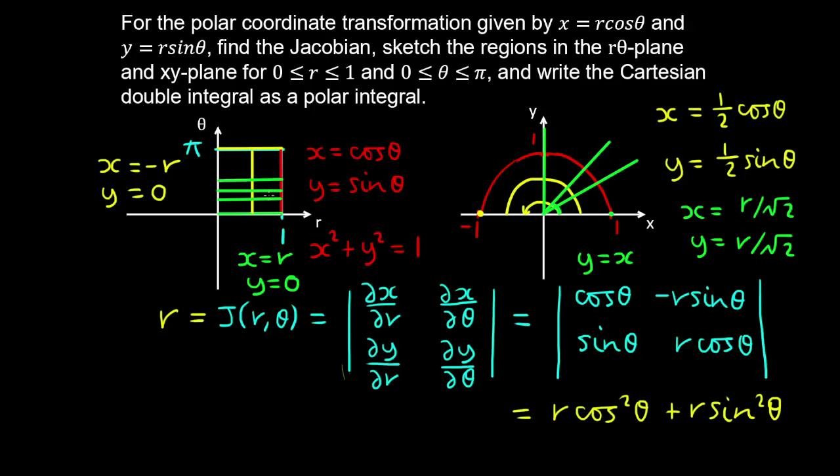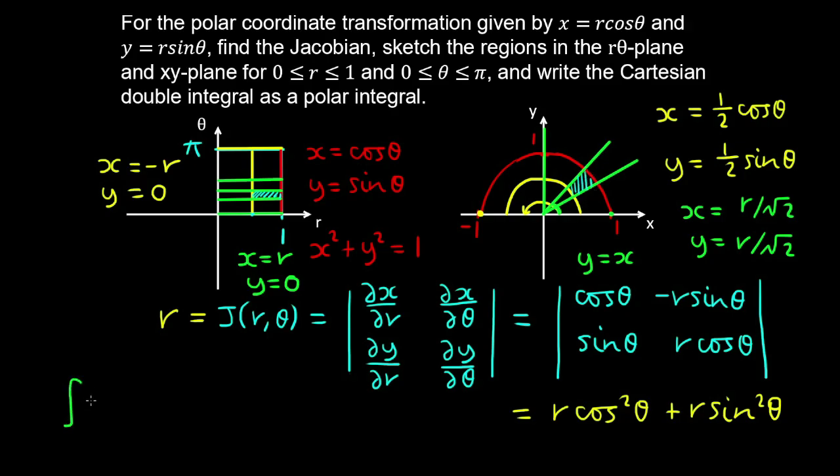So this rectangle, for example, between r is equal to a half and r is equal to 1, and theta is equal to pi on 6 and pi on 4, so this rectangle over here, maps to this polar wedge over here.